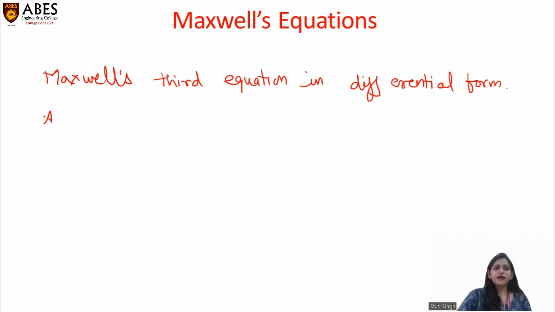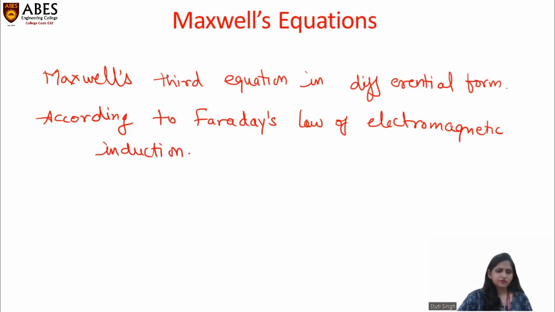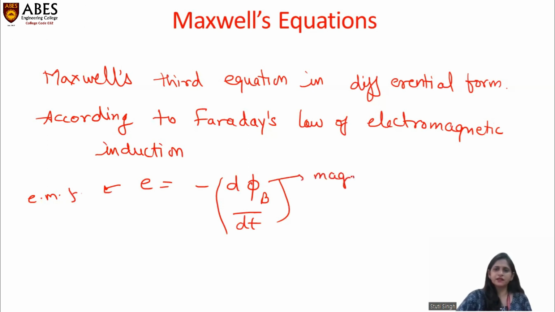So how can we write this? According to Faraday's law of electromagnetic induction, e is equal to minus d phi B by dt, where e is the EMF induced and phi B is the magnetic flux.